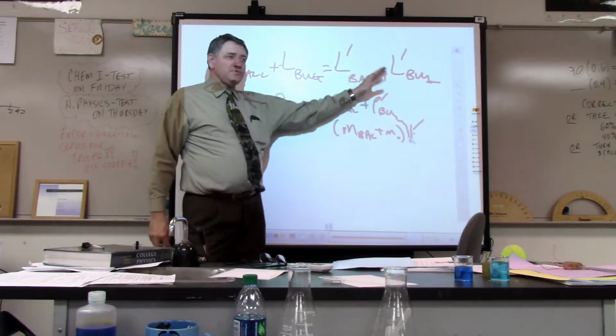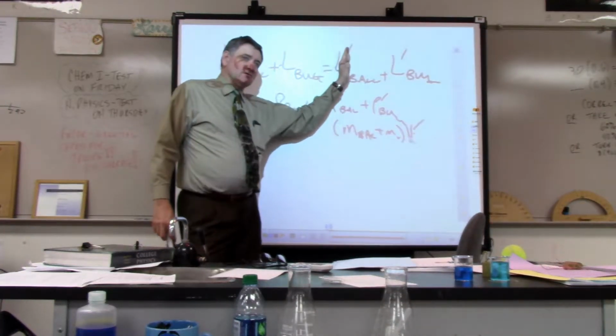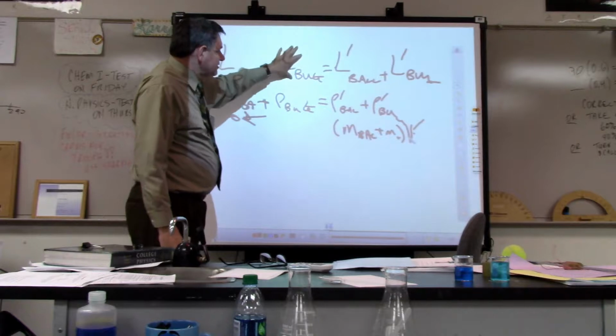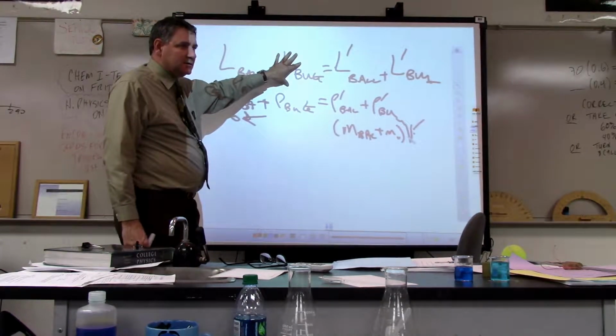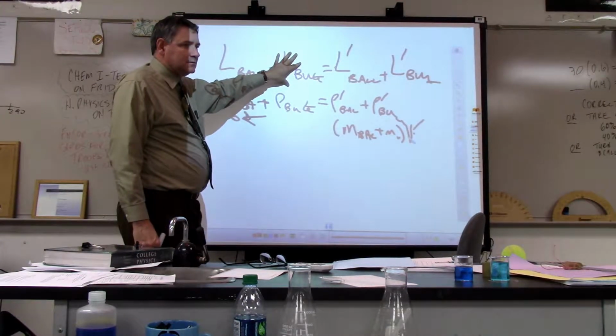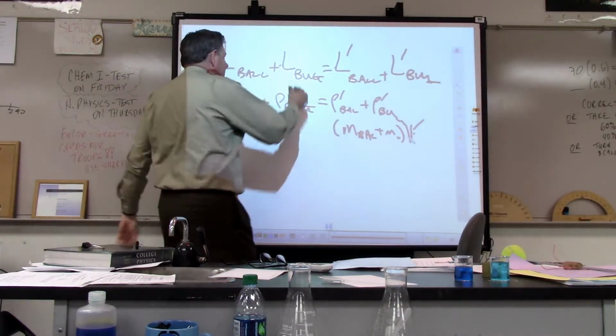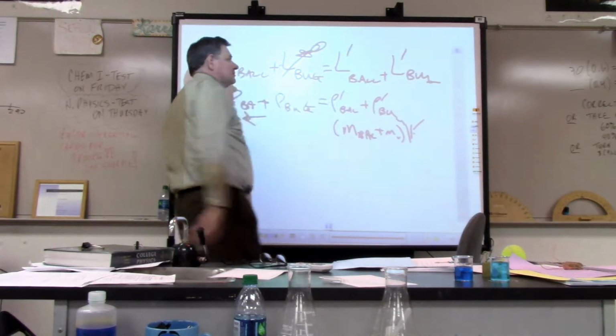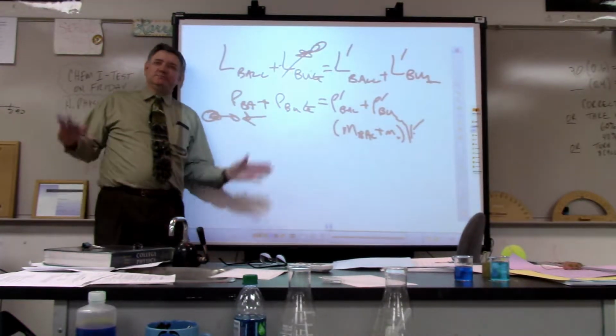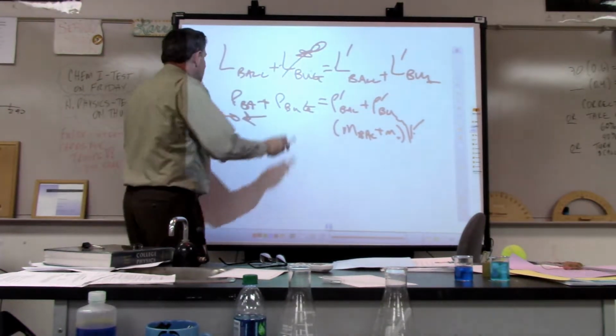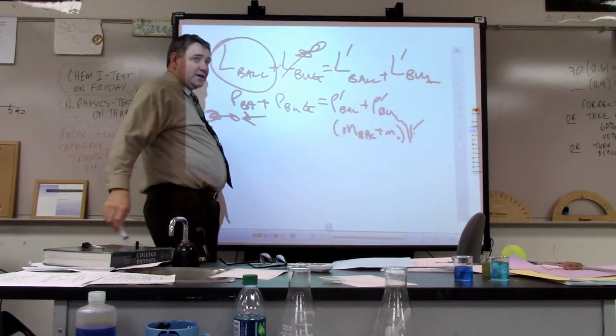We're going to do the same thing up here with this angular momentum. What was the initial angular momentum of the bug? Zero. Okay, it wasn't part of the system. This had no angular momentum to start with. So this is what you already found.